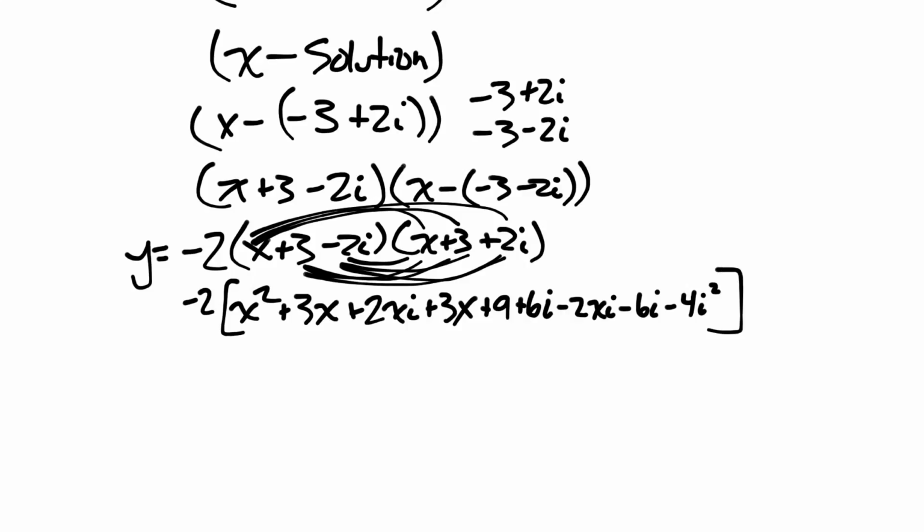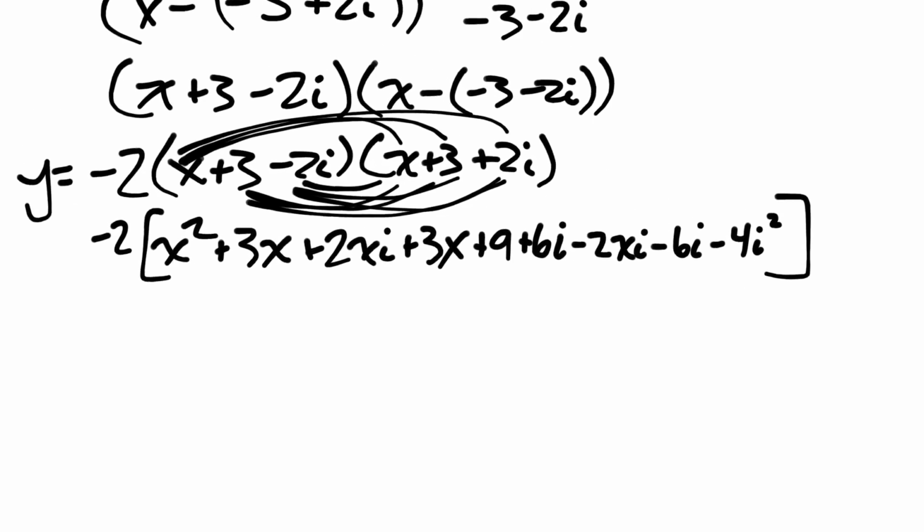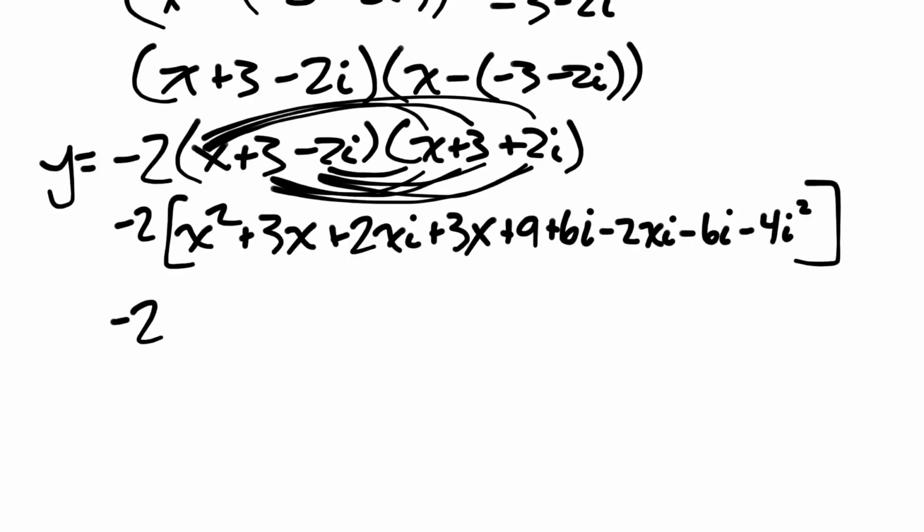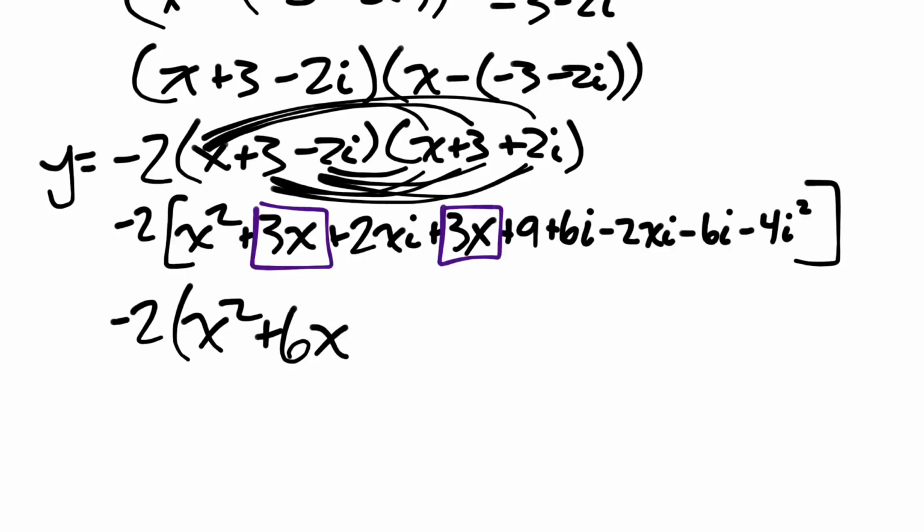But let's simplify this down as much as we can. X squared has no like terms, so that x squared is coming along for the ride. But 3x has another 3x to make a 6x. Positive 2xi cancels with a -2xi.